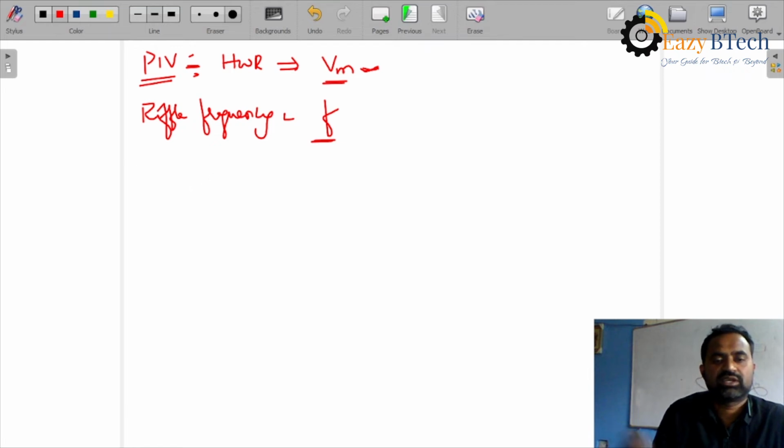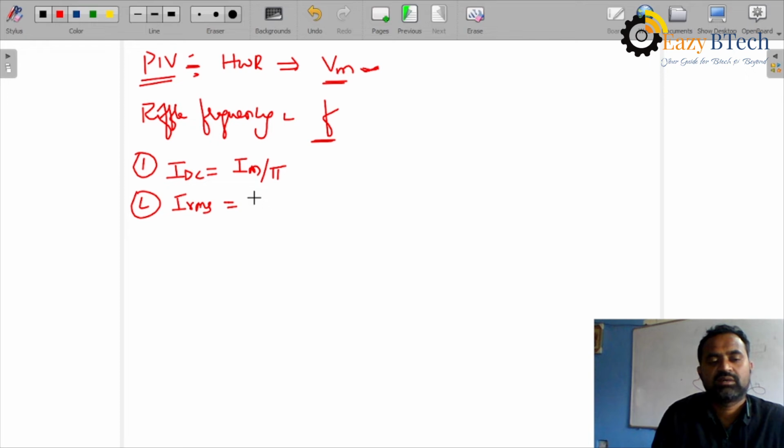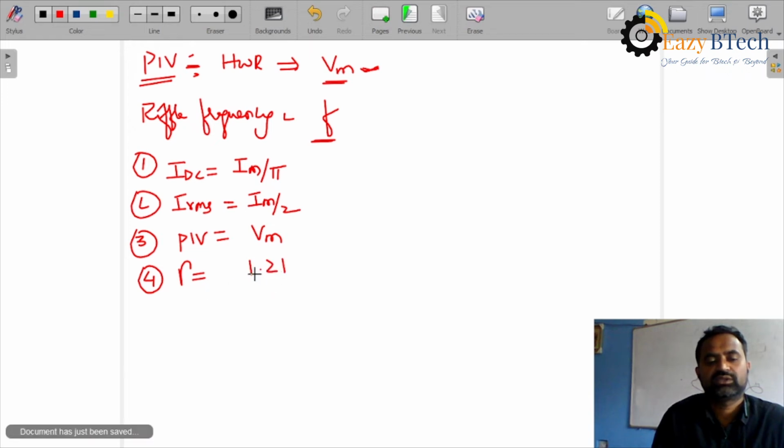We will see the chart here for a half wave. First one is average, that is IDC value is Im by pi. Next, IRMS is Im by 2. Third, peak inverse voltage is Vm. Fourth, ripple factor is 1.21, no units.